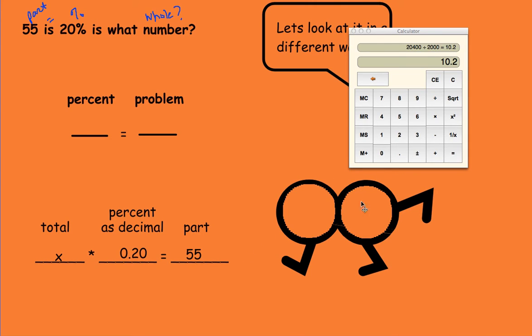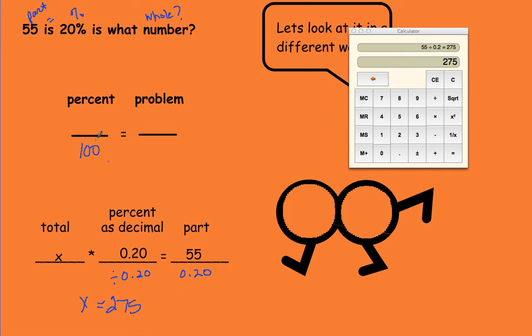Okay, and then what I end up doing to both sides here is dividing by 20 hundredths. So x equals 275 as my total.